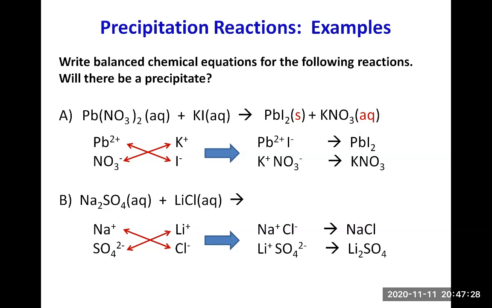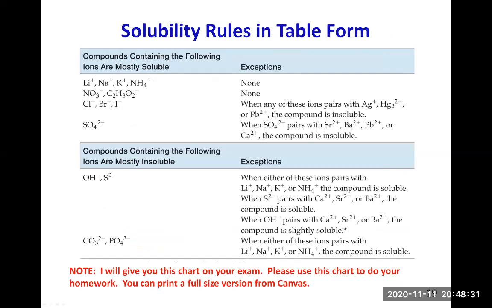So let's find out if they are soluble or not by looking at the solubility rules. So we have NaCl and Li2SO4. Na gives soluble compounds, there are no exceptions, even with Cl minus. And Li plus is also an ion that makes soluble compounds with no exceptions. And actually SO4 is also mostly soluble, and Li is not part of the exceptions.